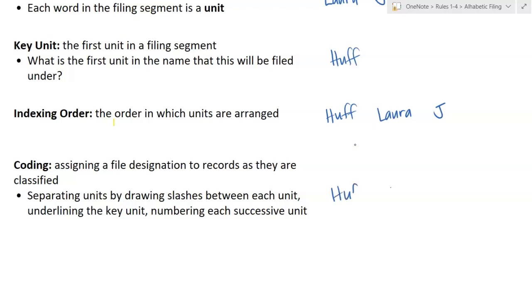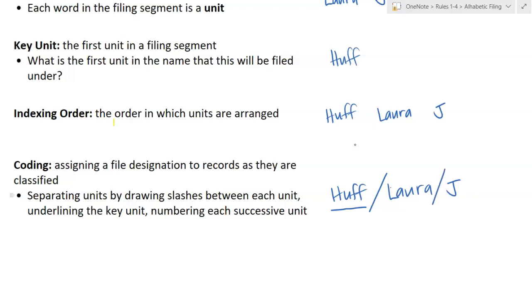So again, if I have this indexing order for Laura J. Huff, it's going to be written as Huff, Laura J. My key unit, remember I identified that here, is the name that it's going to be filed under. That's Huff.